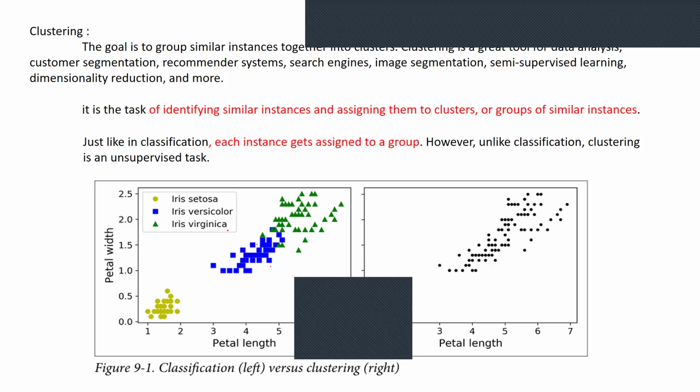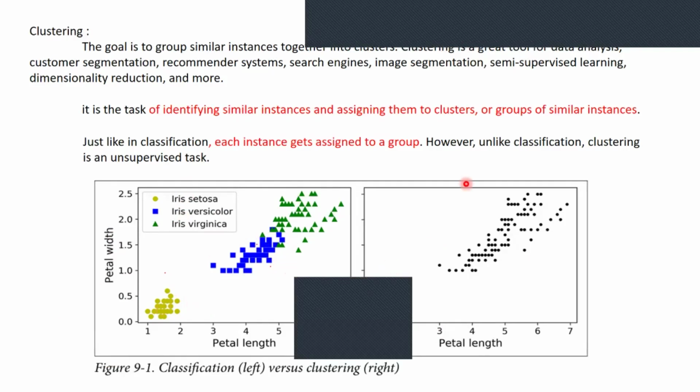Here you can see the clustering part. Here we have classification as well as clustering. On the left side is classification, and on the right side is clustering. In classification, labels are required; we have three different labels here.